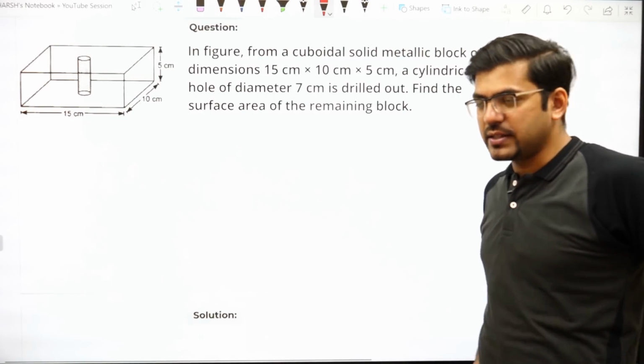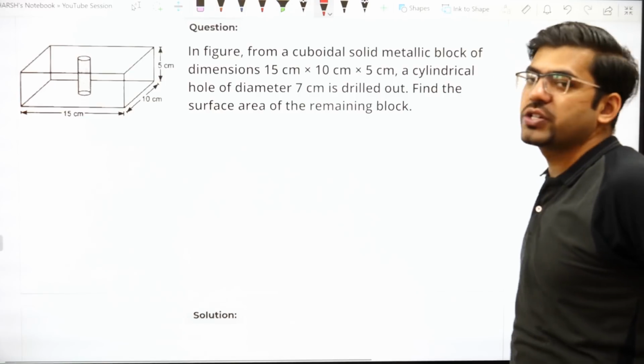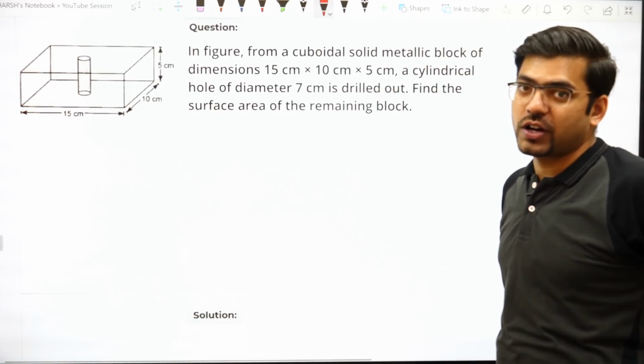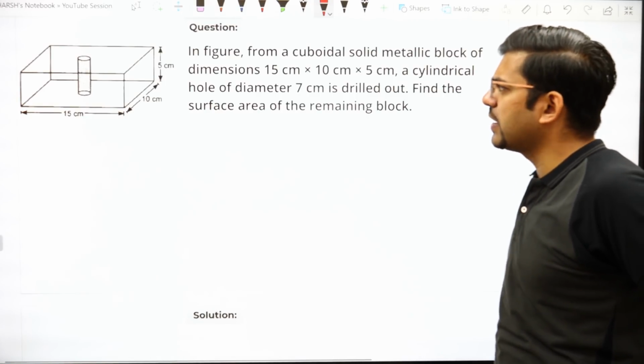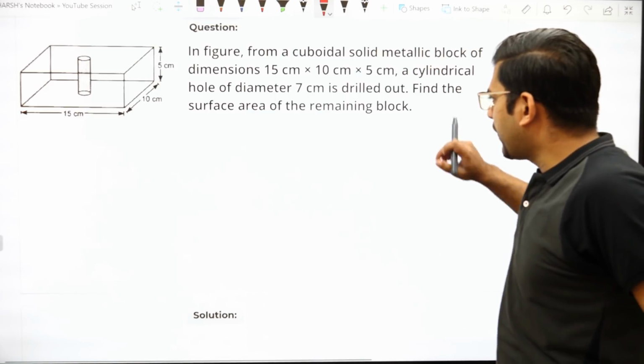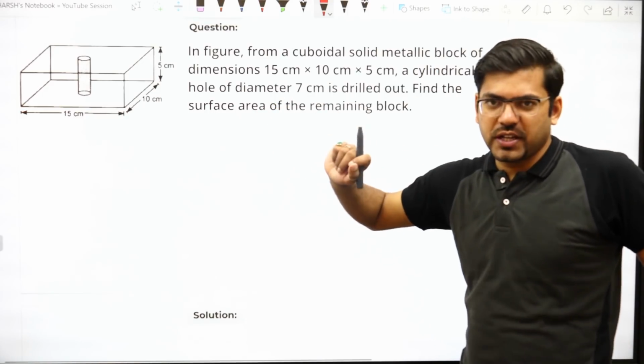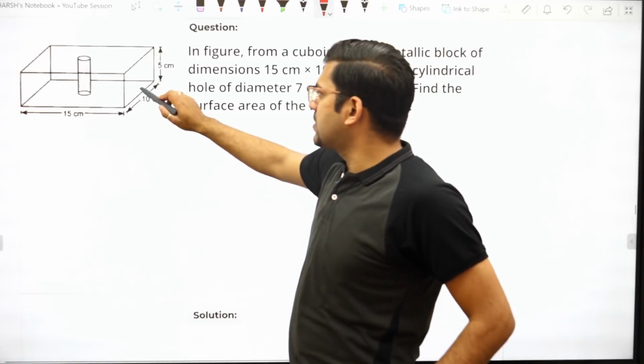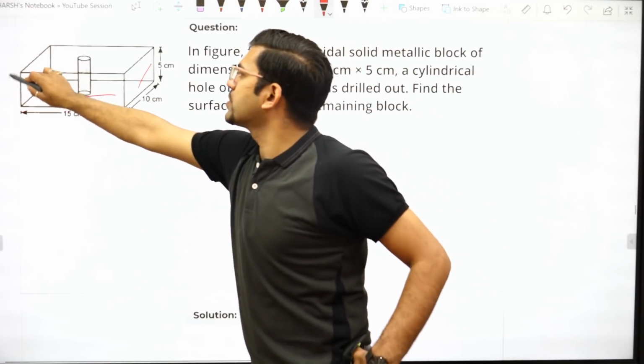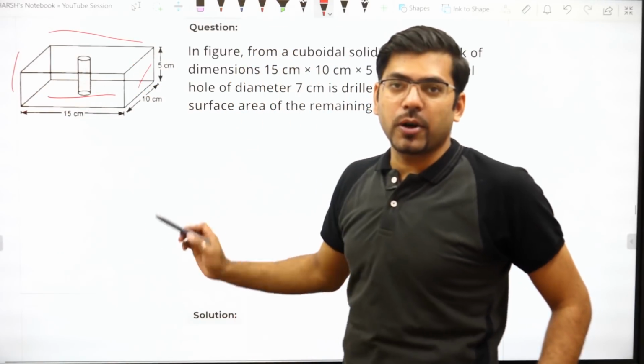The thing is, they have not mentioned total surface area or curved surface area. Now this is a very common thing: if this were curved surface area, it means this portion, this portion, this portion, this portion, not the top and bottom.